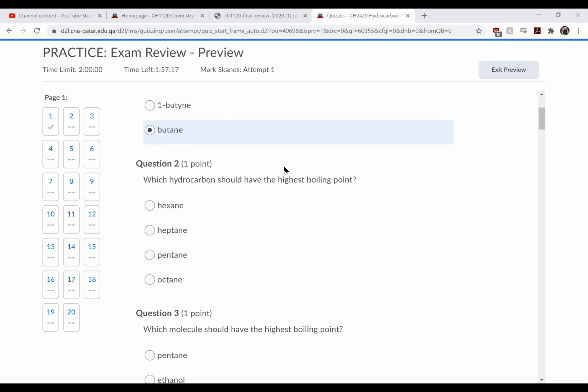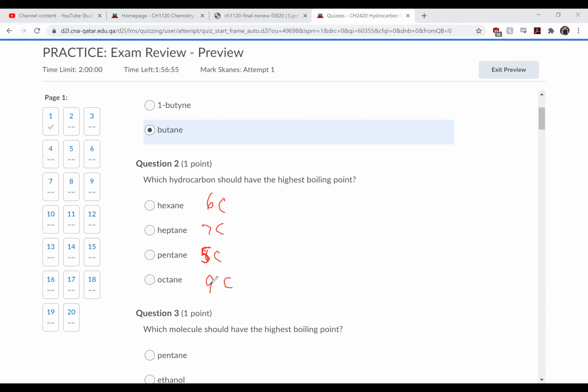And that includes things like branches. If you have branch chains, it would increase the boiling point. But here, we're just looking at boiling points for 6 carbons, 7 carbons, 8 carbons, and 9 carbons. Oh, sorry, pentane is 5 carbons.